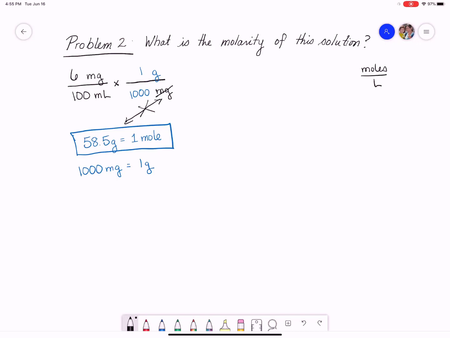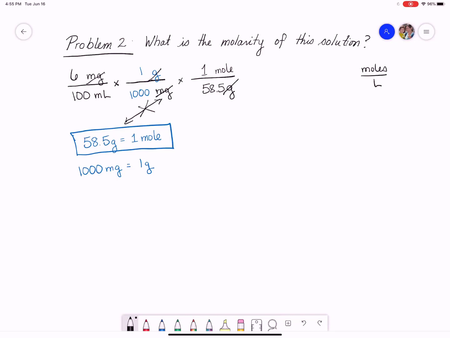But again, I want moles per liter. So I'm going to finish dealing with the grams to get to moles. So I'm going to do another multiplication sign, a line, and put grams down at the bottom. Now I can plug in my molecular weight conversion. I have 58.5 grams on the bottom, 1 mole on the top, grams cancel out.